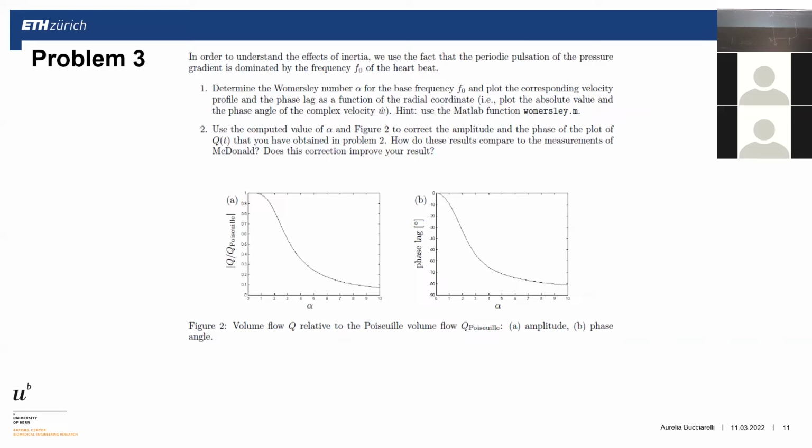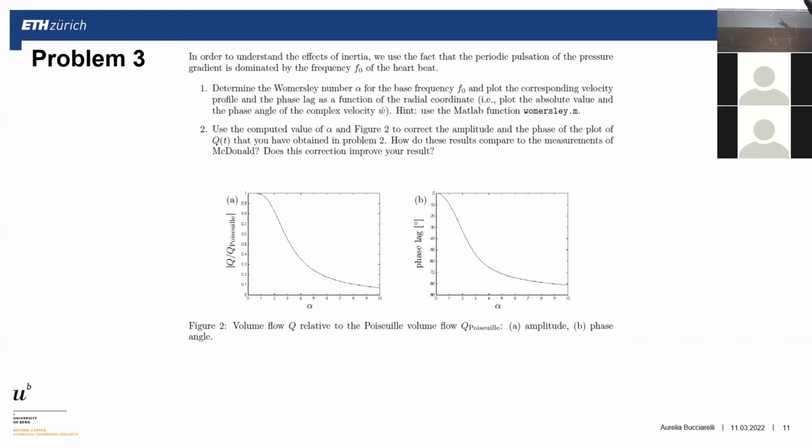And then when you have calculated alpha, you can use those two graphs that you saw at the end of the lecture to calculate back the phase lag that you have in that vessel, and also the amount of Q that you are able to push through the vessel, as we saw that depending on the frequency, we can push more or less flow into the vessel.